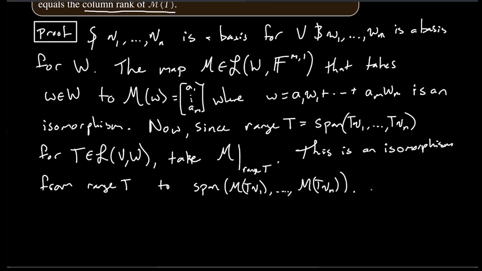But MTvk is equal to the matrix of T's kth column.